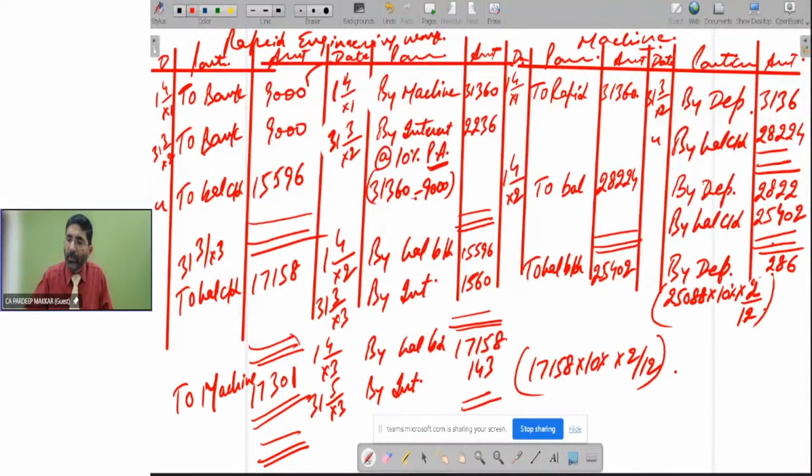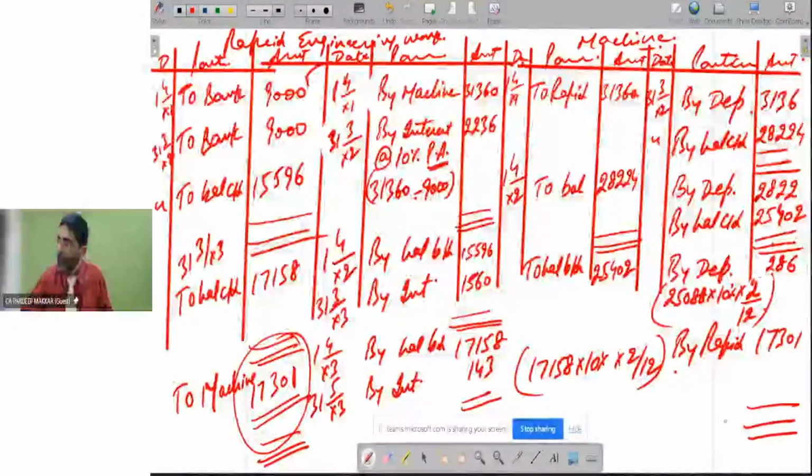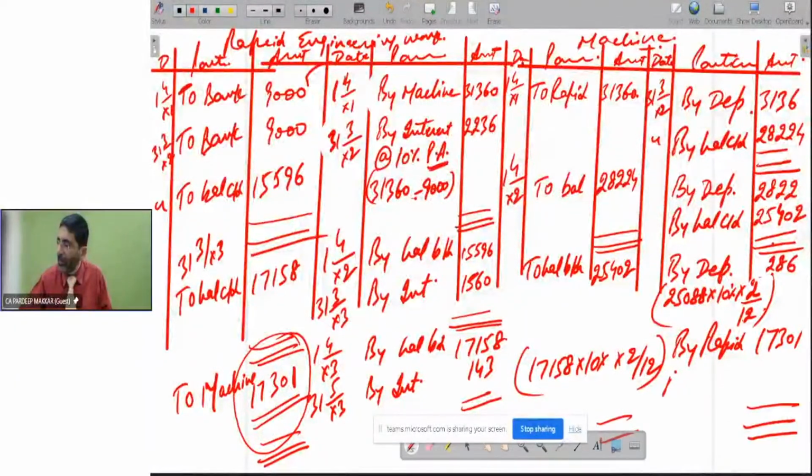Okay, at this point the machinery is taken over by Rapid, 17,301. Now get the balance. Whatever is the balance will be taken to profit or loss account. Get the balance figure.